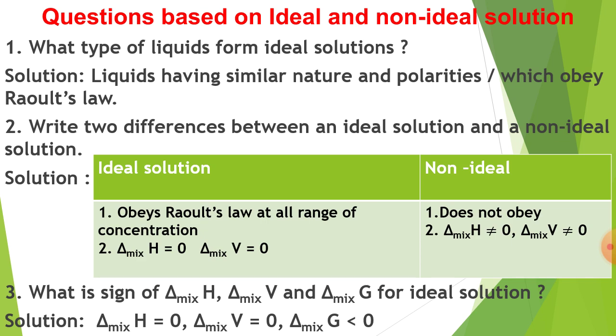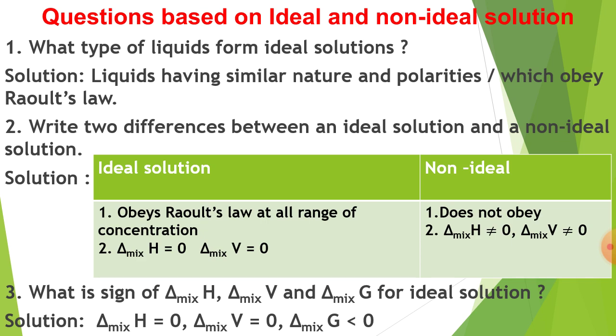Second difference: delta mix H equals 0, delta mix V equals 0, but for non-ideal, delta mix H is not equal to 0 and delta mix V is also not equal to 0. Question number three. What is the sign of delta mix H, delta mix V and delta mix G for an ideal solution?